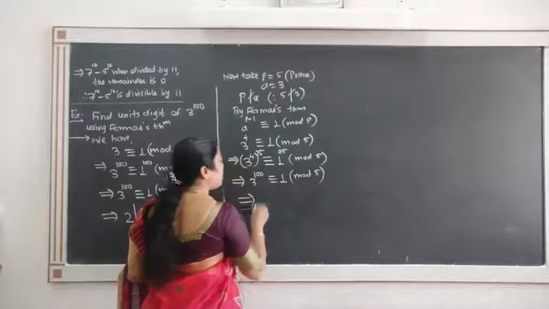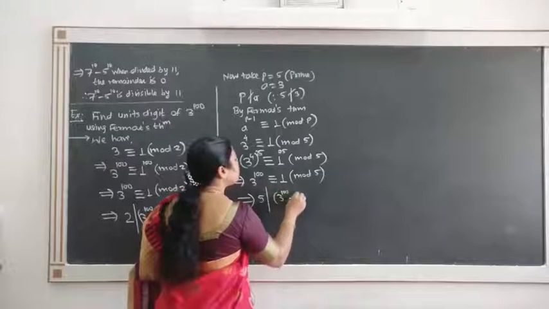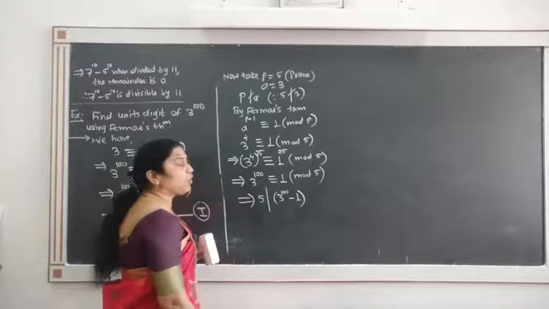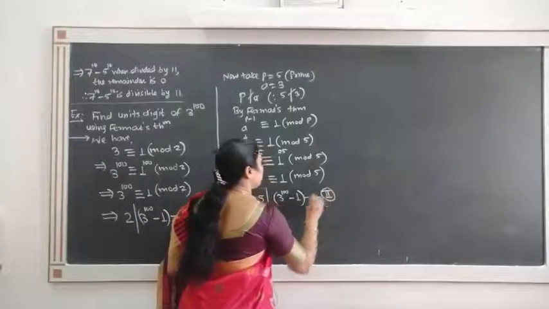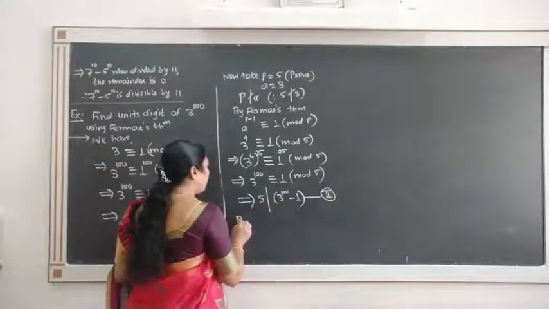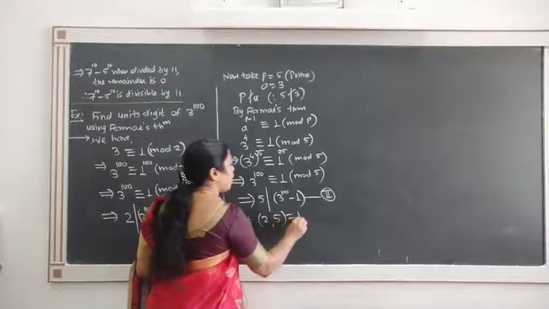This implies that 5 divides 3 raised to 100 minus 1 by definition of congruence. Equation second.